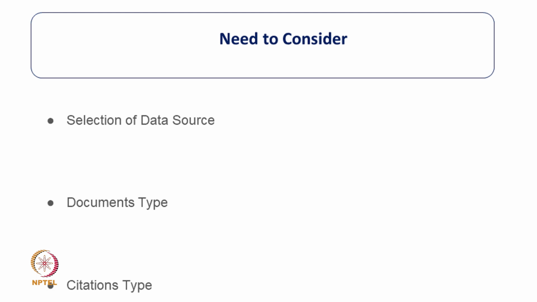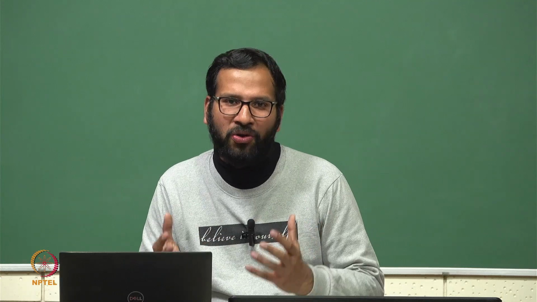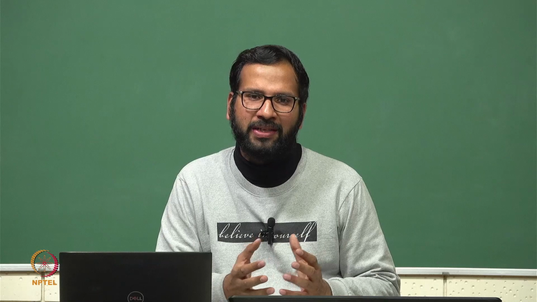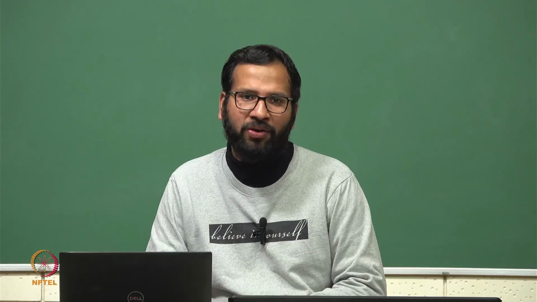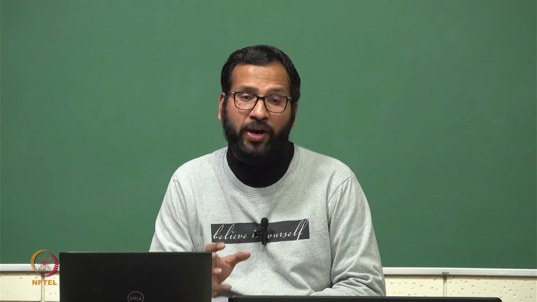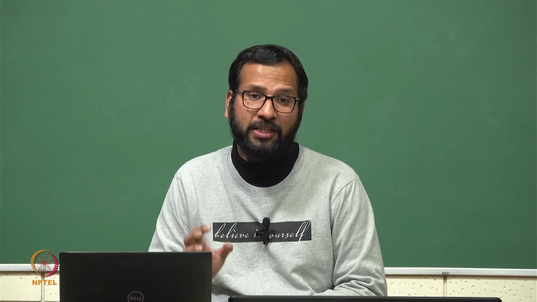The last is related to citation. In citation we can have self citation, local citation, global citation, or the kind of sources we have selected for receiving the citation. Let us understand all these points with some examples, so you will have more clarity on why these points must be considered before assessing research productivity.